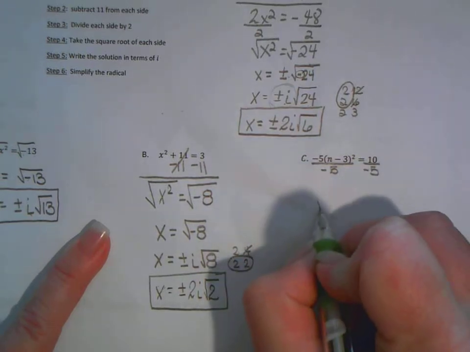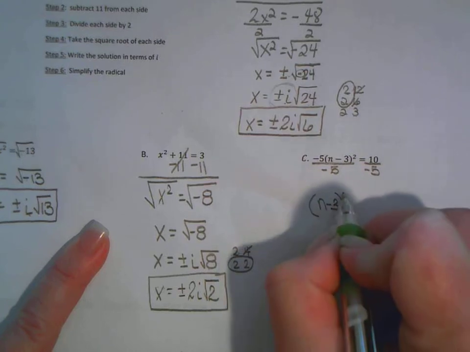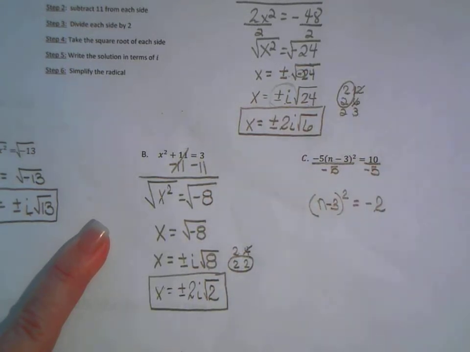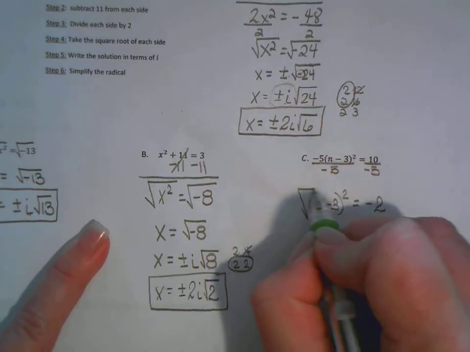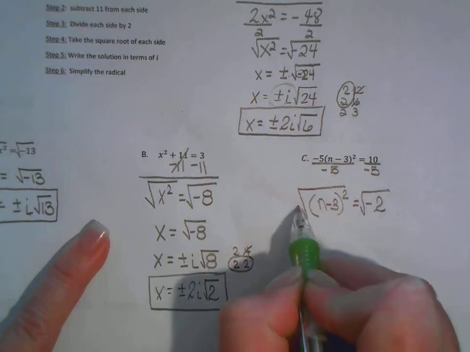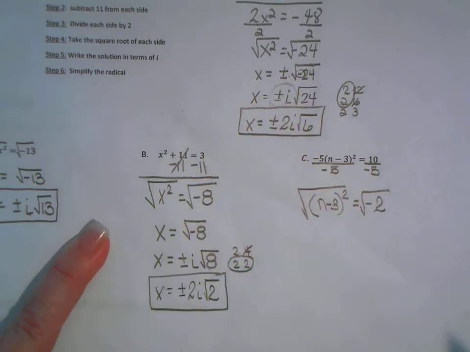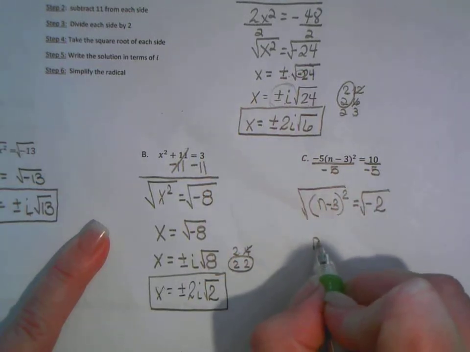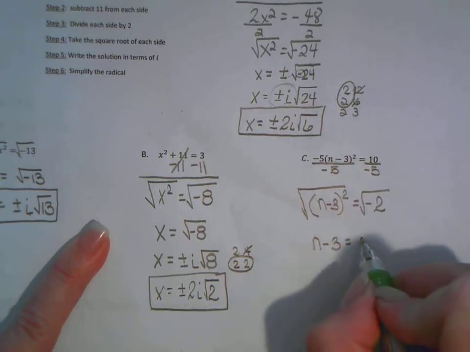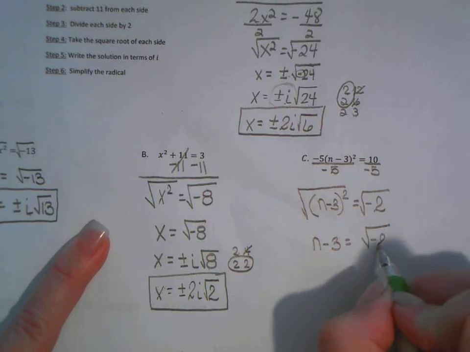That's going to leave you with n minus 3 all squared equals negative 2. Then you're going to take the square root of the entire parentheses. Because this square applies to everything in the parentheses, this square root applies to everything in the parentheses. So that leaves you with n minus 3 equals the square root of negative 2.